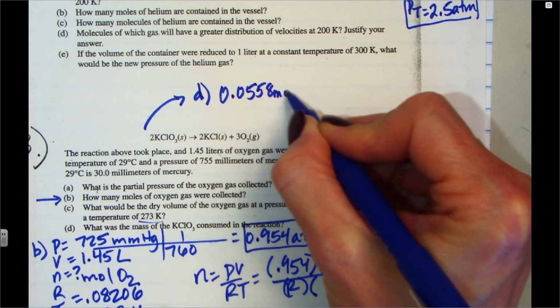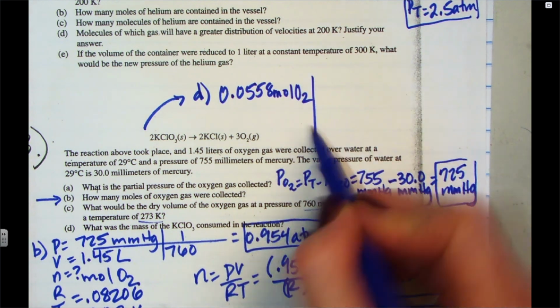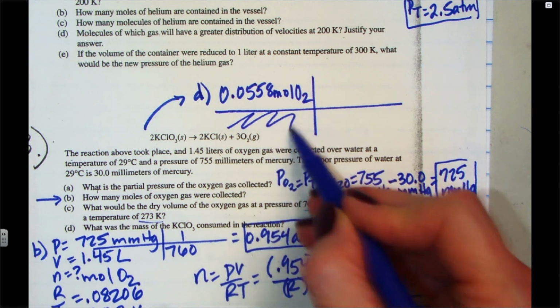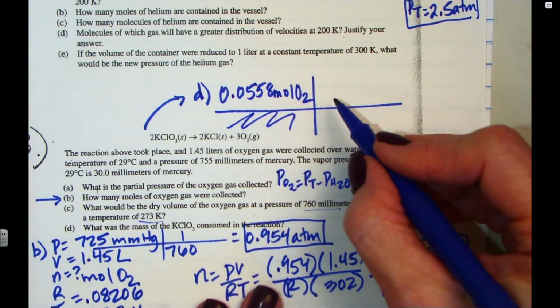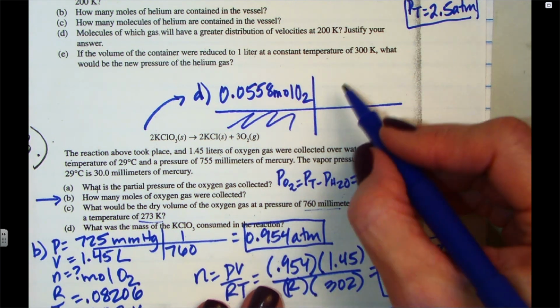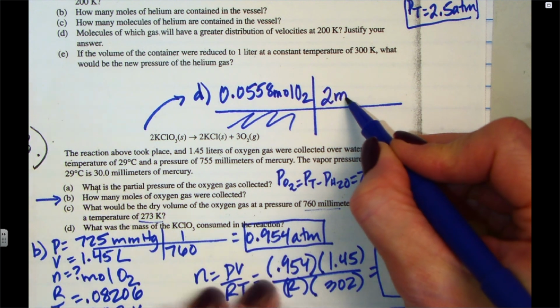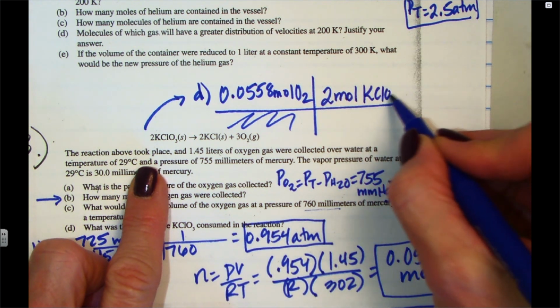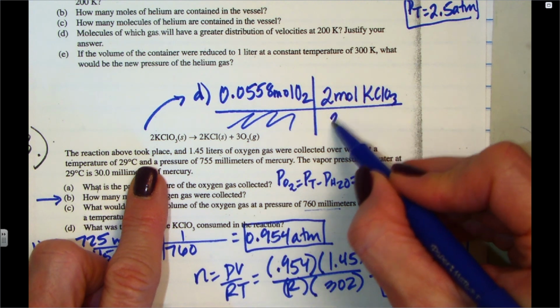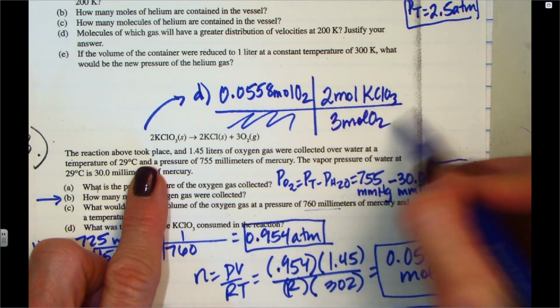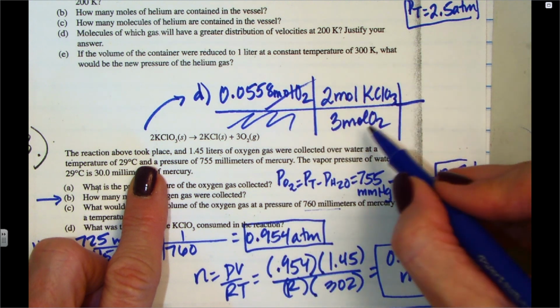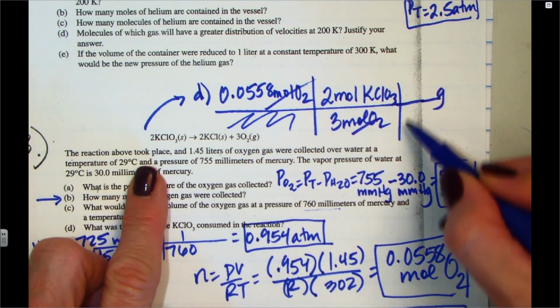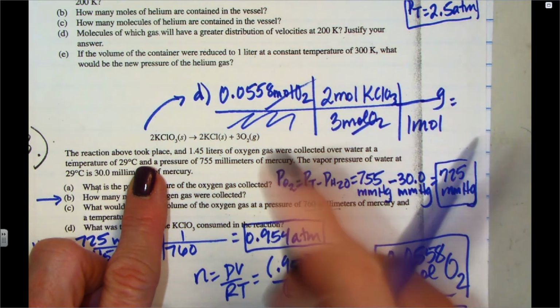0.0558 moles of oxygen. And since we have that chemical equation to relate it, we can use the mole ratio and the molar mass. So according to this equation, 2 moles of the KClO3 will react with 3 moles of the oxygen. And now we need the molar mass of the KClO3.